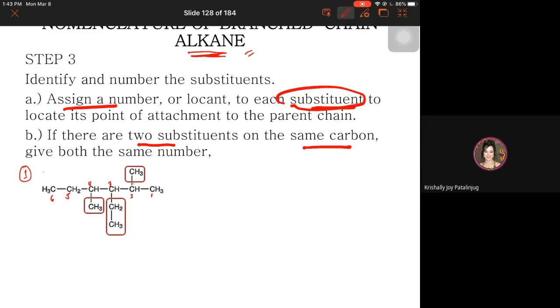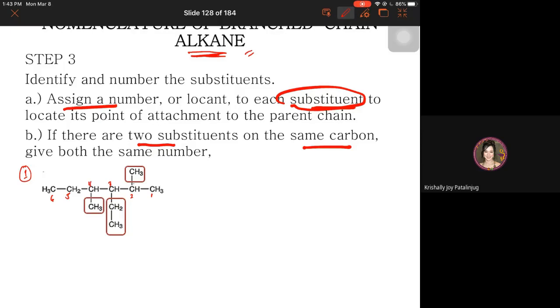Very good. Removal of one hydrogen from an alkane, that will produce an alkyl group. And sabi ko last time sa previous discussion natin, very important yung mga alkyl groups kasi di ba meron silang point of attachment. Those are very important para mabuo yung isang organic molecule.